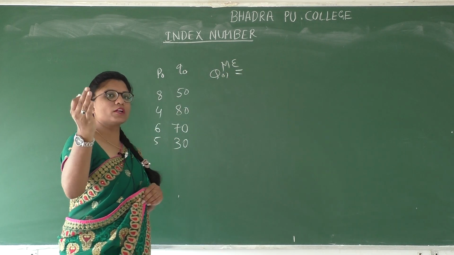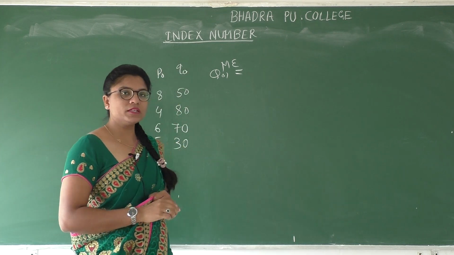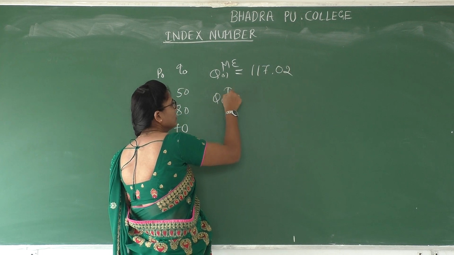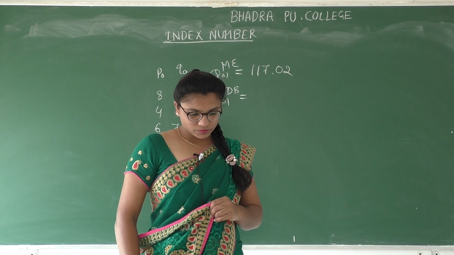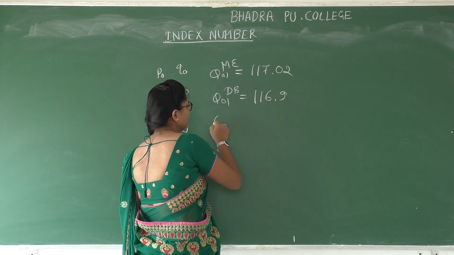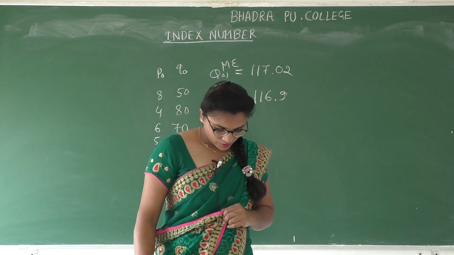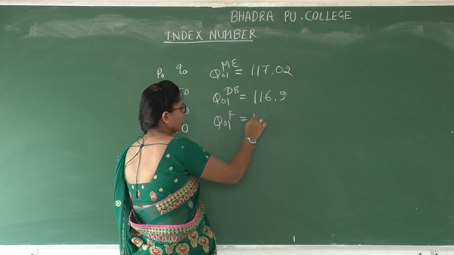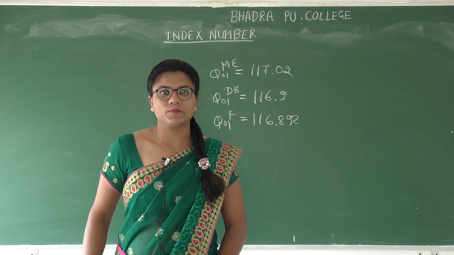If you want, you can find out Laspeyres and Paasche's also. The answers are: Q01 ME is equal to 117.02, Q01 DB is equal to 116.9, and Q01 F is equal to 116.892.